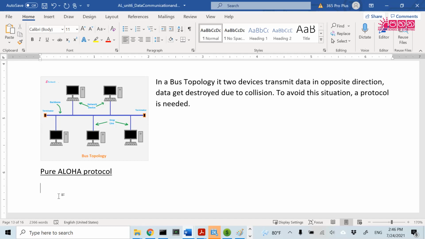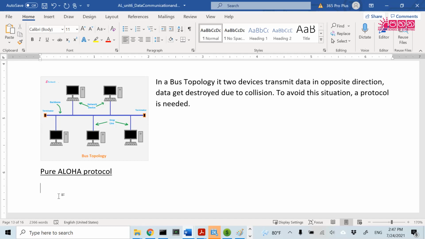If there's a collision, the sender waits for some time and then resends it. I will explain one more time. We need a set of rules to avoid any collisions. Collision means data coming from different paths collide with each other and destroy the data.